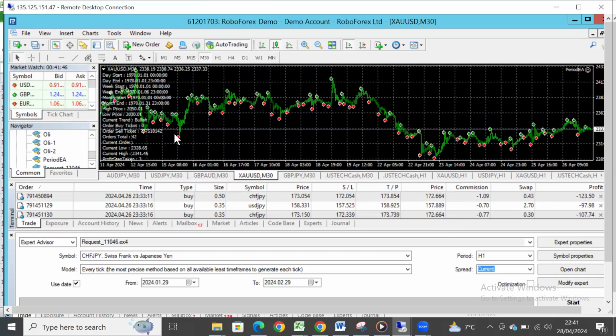Okay, so we're able to know when the market is trending from a low to a high, and then from a high to a low. So once we have those points, the EA will be able to take adequate and correct actions as much as possible.